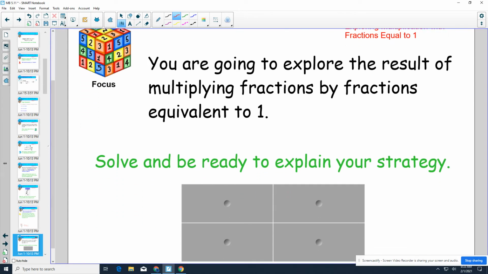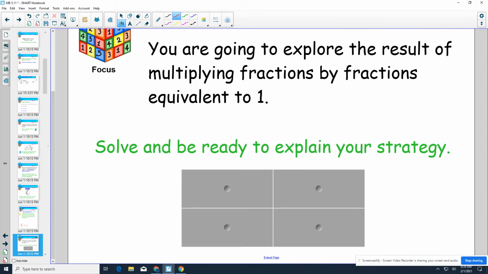So you're going to explore the result of multiplying fractions by fractions equivalent to 1. Let's look at these and do some solving. So 2/3 times 4/4. To simplify it, I could simply say 2/3, because I see that 4/4 is equal to 1. So in the end, in the simplest form, it would be 2/3.